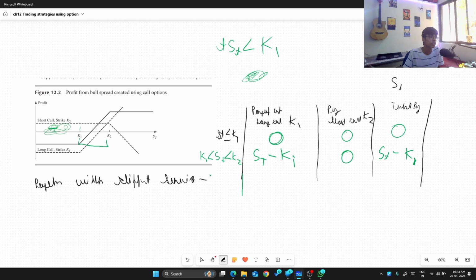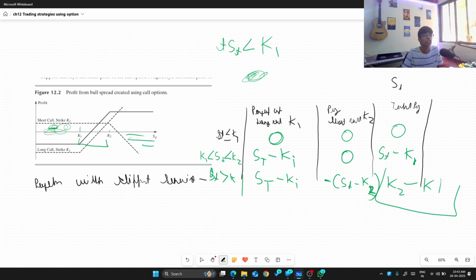And if ST is greater than K2, so ST is here, the first will exercise, ST minus K1, and the second will also exercise, minus ST minus K2, and the total would be K2 minus K1.